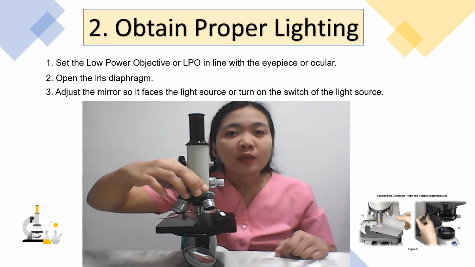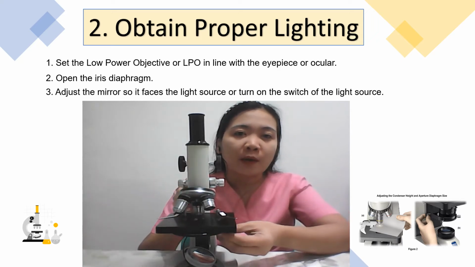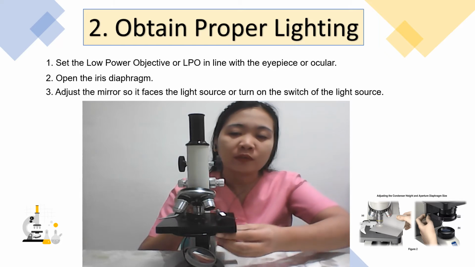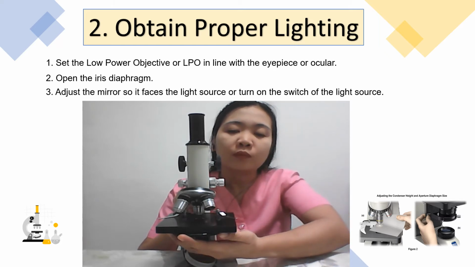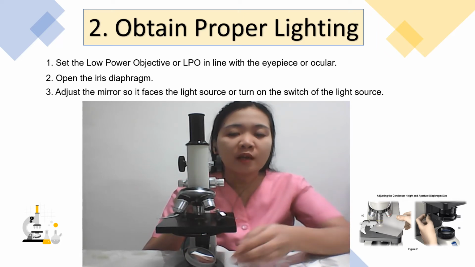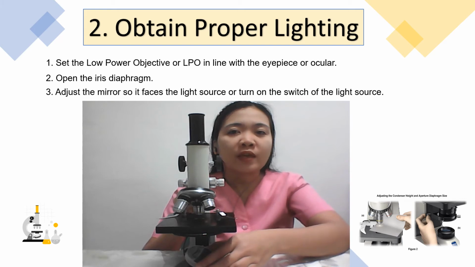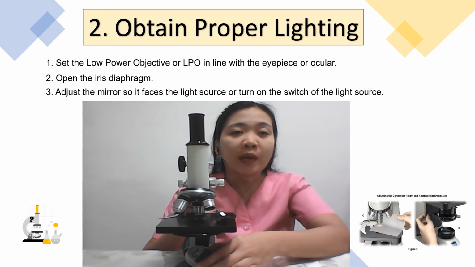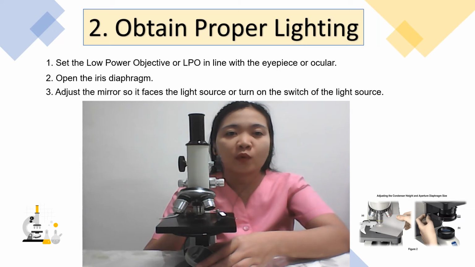Next, we need to open the iris diaphragm under the stage. And then, we need to adjust the mirror so that it faces the light source or turn on the switch if your microscope is an electric microscope.